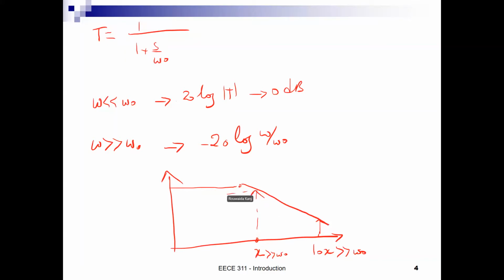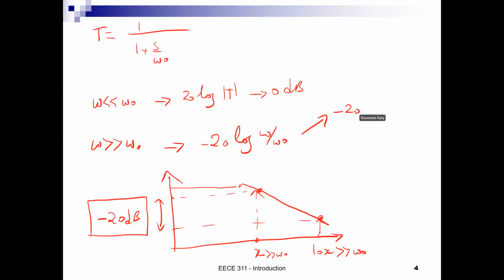And this specific slope that I see here, the drop from x to 10x was how much? Minus 20 dBs. Because when I was at x, I was minus 20 log x, and when I was at 10x, I was minus 20 log 10x, which is equal to minus 20 dB minus 20 log x.